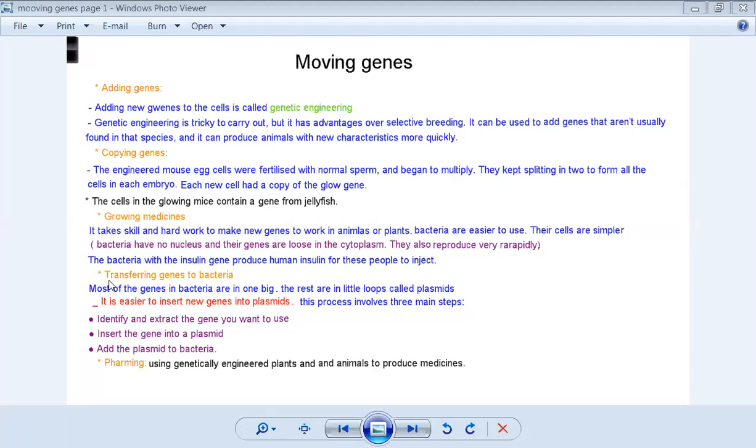The one cell became 2, then became 4, then became 8, then 16, like this, splitting. That's why they reproduce very rapidly and easily. They are dividing their cells into more than one, okay?